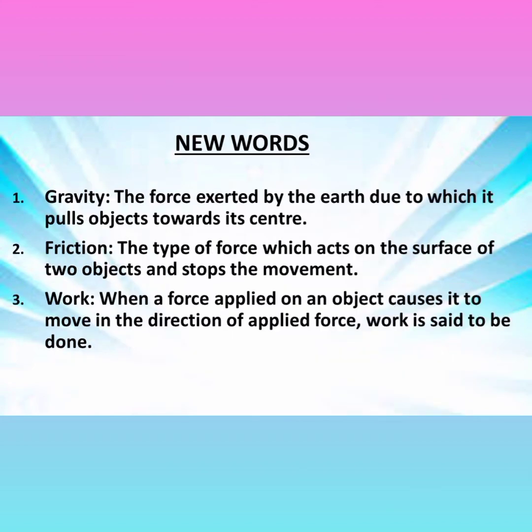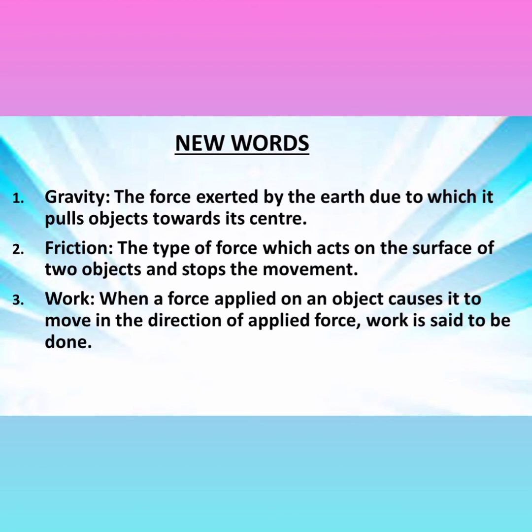Let's revise the new words that we have learned in this chapter. 1. Gravity. The force exerted by the earth due to which it pulls objects towards its center. 2. Friction.